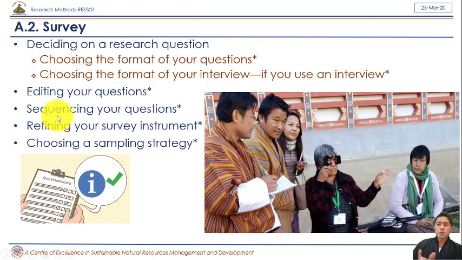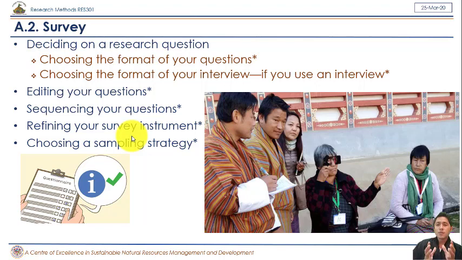And then you edit the questions, sequence the questions, refine the survey instrument, and choose a sampling strategy. Then continue like the other kinds of studies, where you decide your number of samples, then how you would like to draw the sampling. Is it random, systematic, purposive, convenience? So that's on you, and then you start analyzing that data and reporting the conclusion and all.